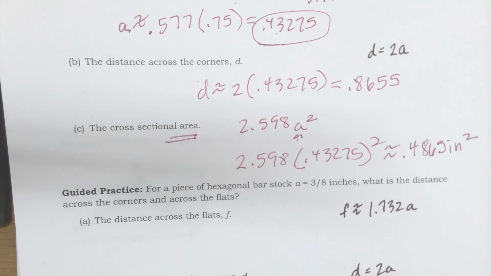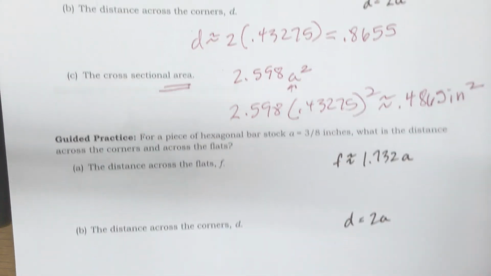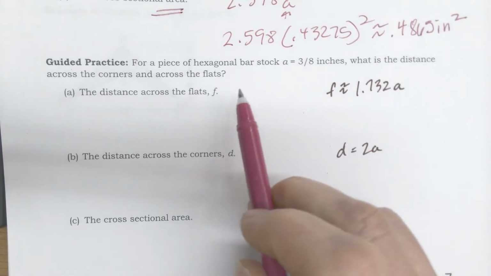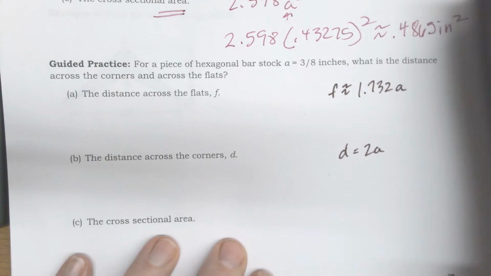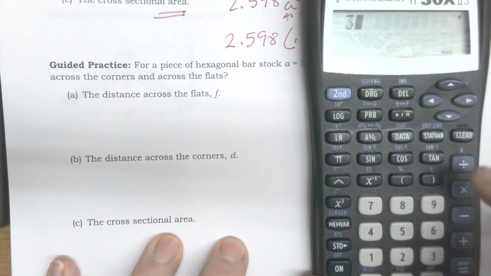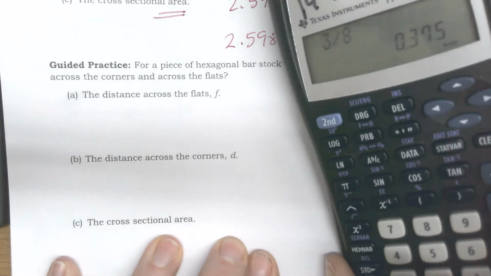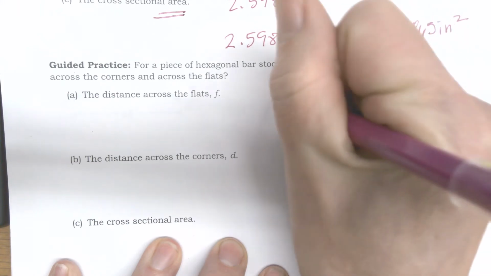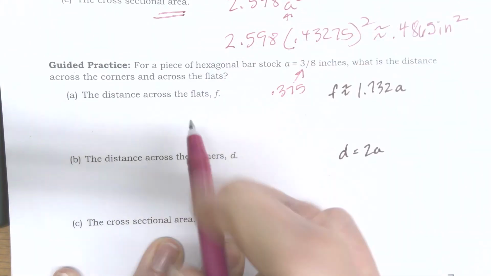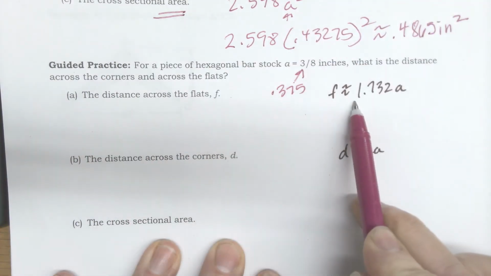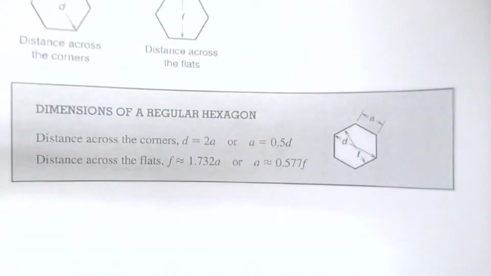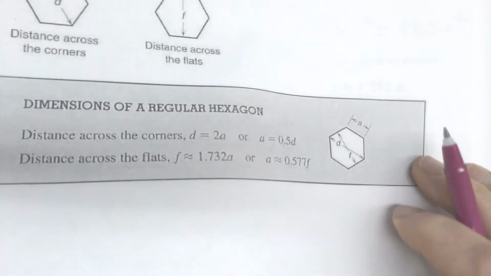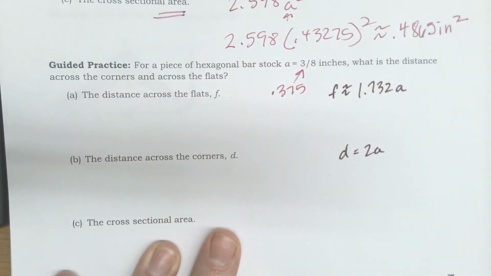Basically the same stuff on the next one, except in this one I'm given A for my side. Again, I'm going to do 3 divided by 8 to get a decimal. 0.375 is what I'm going to use for that. I have to find F. I do 1.732. Again, these are just formulas from that previous page in your notes, so you'll just have to look at your notes.